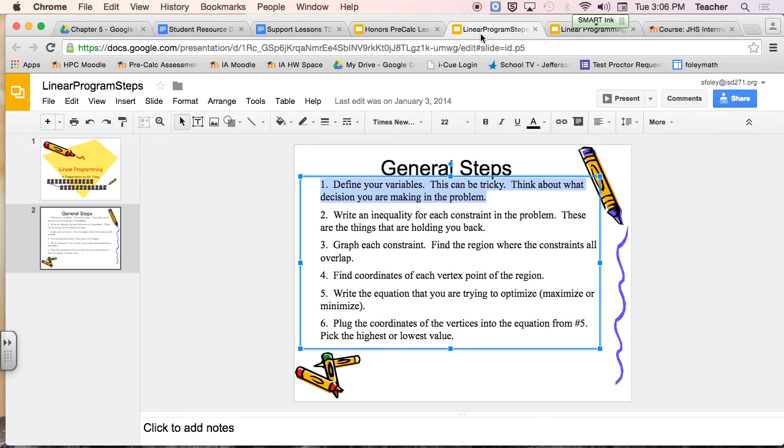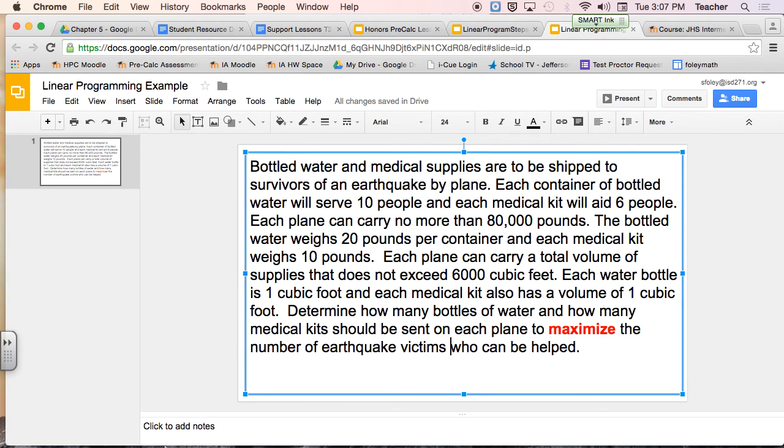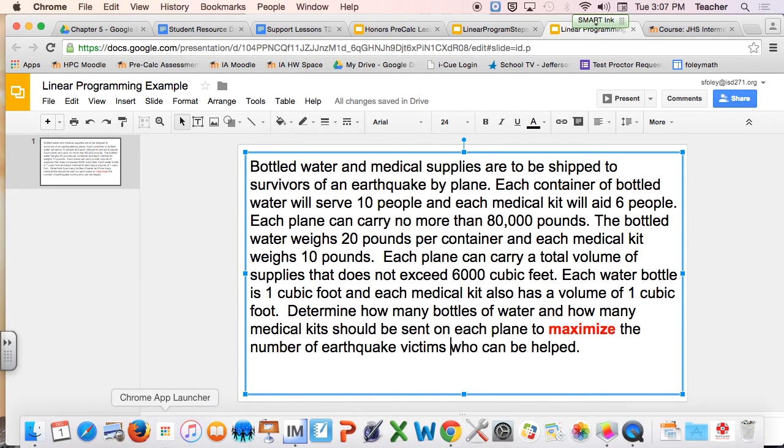The next step is going to be to think about the constraints, what's holding you back. And so those are typically going to be inequalities, and so you're going to write an inequality for each constraint. So I'm going to have you think about this in your groups. And so we're going to have two constraints. We already talked about them a little bit. We're going to have one based on volume or cubic feet.